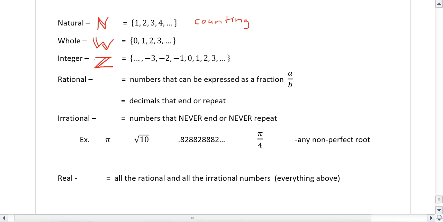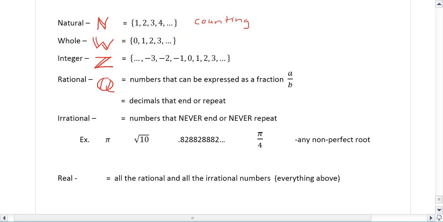The integers have a symbol that's a funny looking Z. I don't think they use I, because later on we will use I for imaginary numbers. But anyway, integers include 0, all the positives, and all the negatives, but you'll notice that no fractions are included in the integers. The rational numbers have a symbol of kind of a funny looking Q. The difference between rational and irrational is going to take a bit of a discussion.